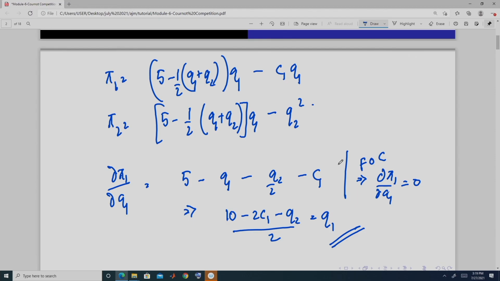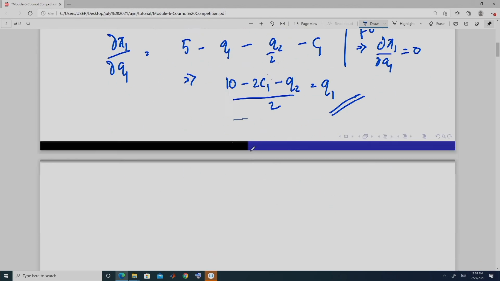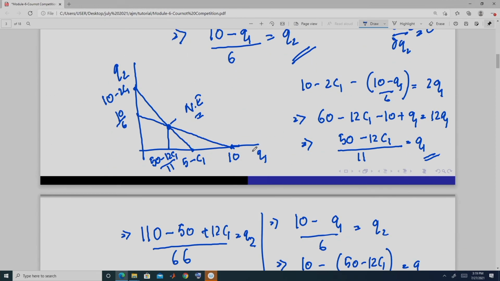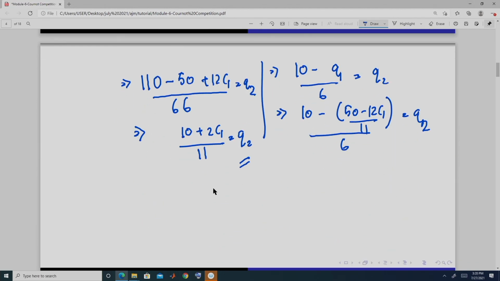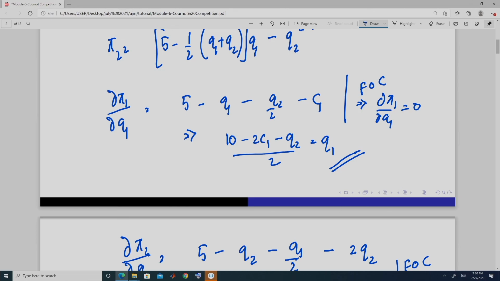Now, here again we have to find when firm 2 is not going to produce any output in equilibrium. So, this is the reaction function of firm 1, right. Now, it is not going to produce any output when, suppose this is the reaction function of firm 1, which is given by this point.